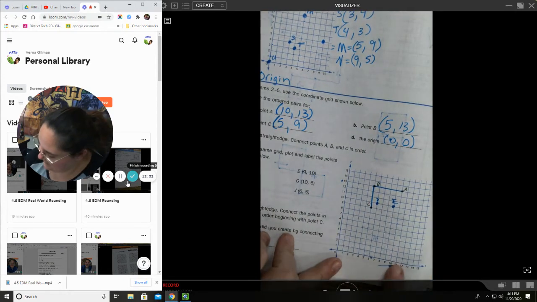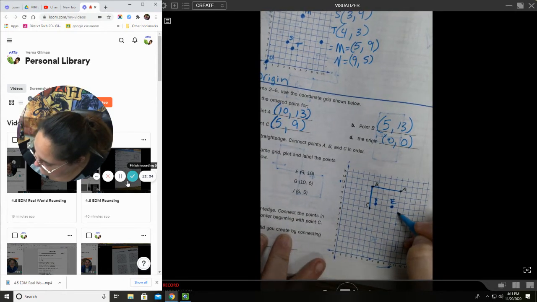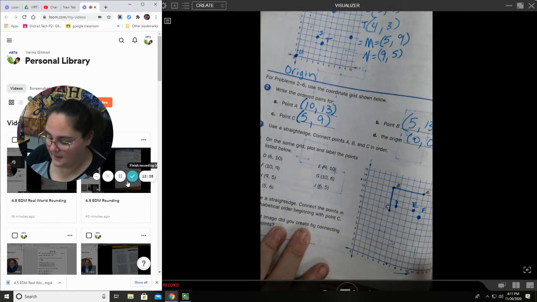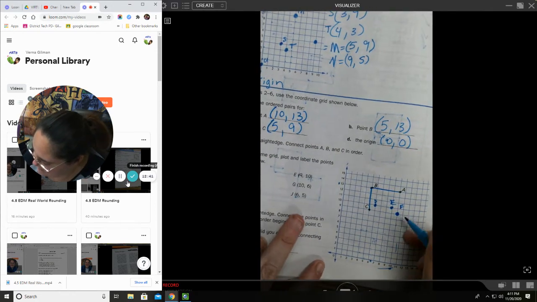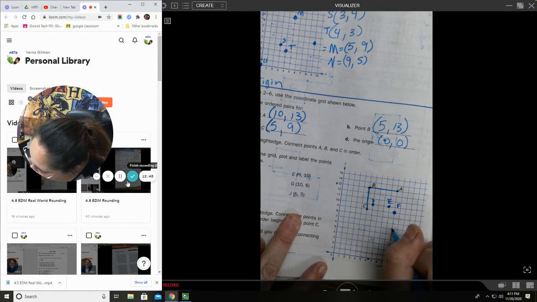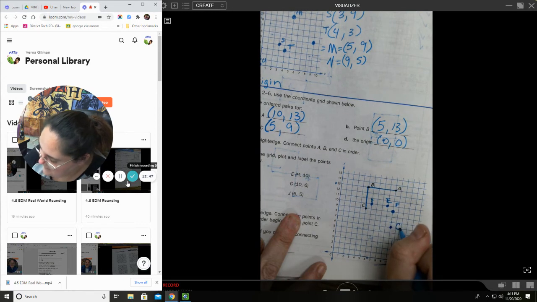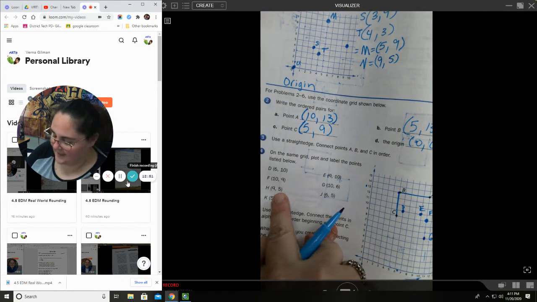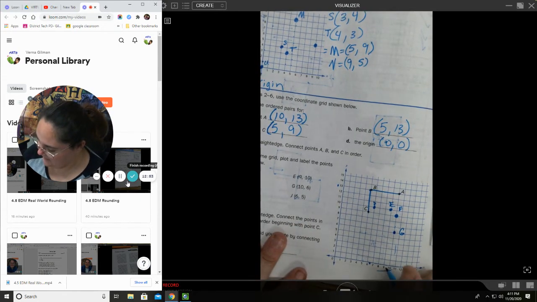Okay, over 10, up 9. G is 10, 6. Over 10, up 6. H is 9, 5. Over 9, up 5.